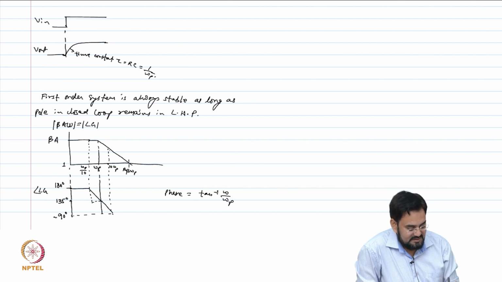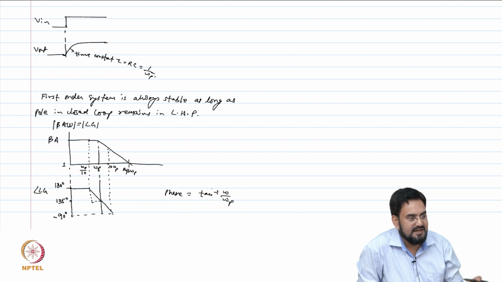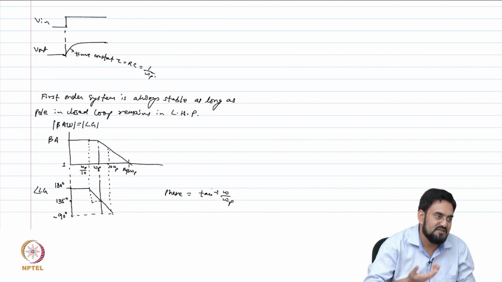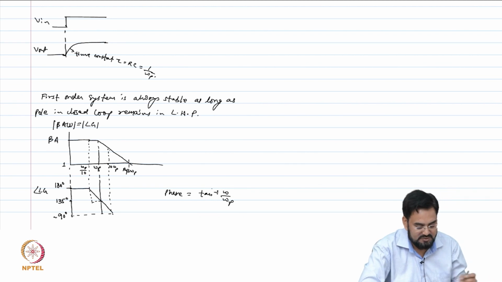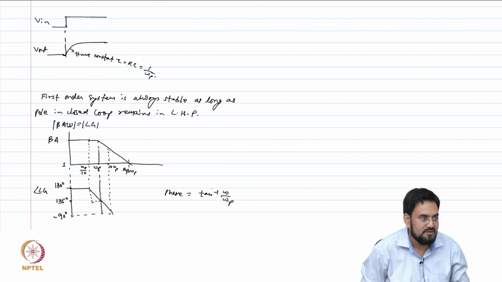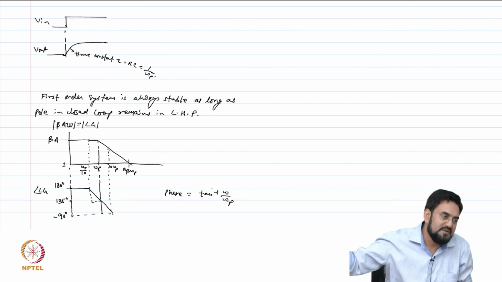Usually tan 90 is infinity, so at infinite frequency the phase shift will become 90 degree, but usually we say that by the time you go beyond 10 times omega p, your phase will become 90 degree.